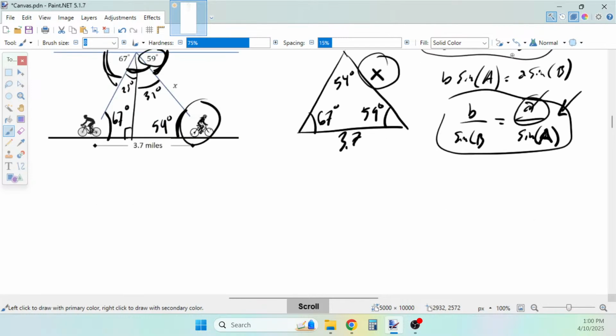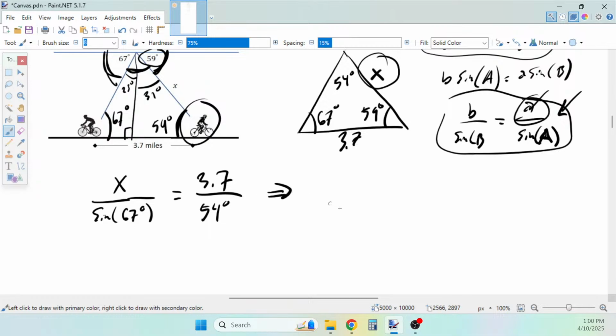But in this triangle, we have x over sine of 67 degrees equals 3.7 miles over sine of 54 degrees. That gives us x equals 3.7 sine of 67 degrees over the sine of 54 degrees.